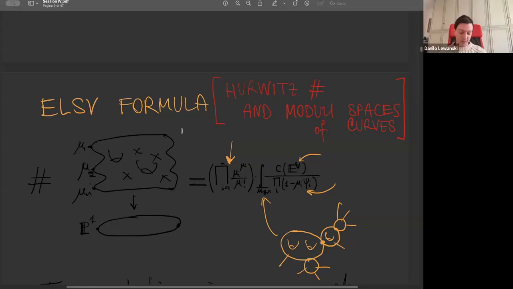And also it turns out that they play a very nice role in the intersection theory of moduli space of curves as well. So this is one of the most beautiful results concerning this connection. This result is called the ELSV formula. And again, many of the things that we mentioned in this course are just the tip of the iceberg.